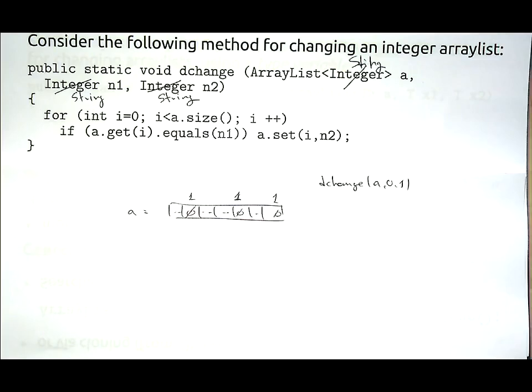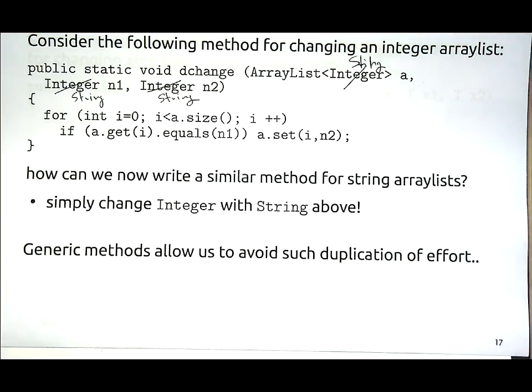So yeah, you can see that if I were to do that, there's a lot of duplication of effort because I'm writing the same method twice, just changing types. But then, because array list is a generic type, I can write it in a generic way.